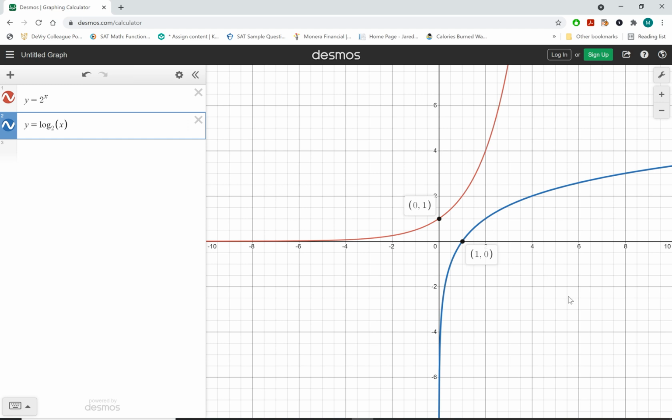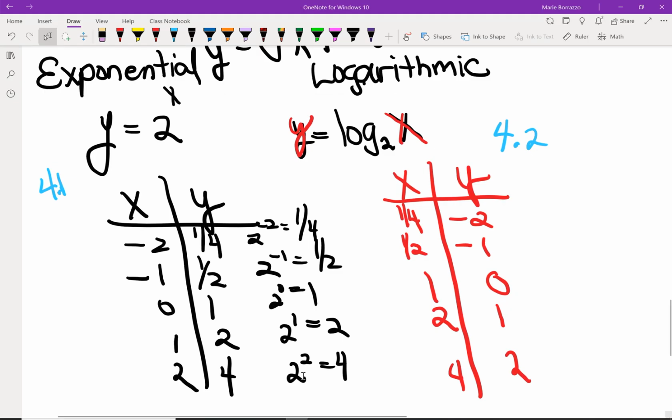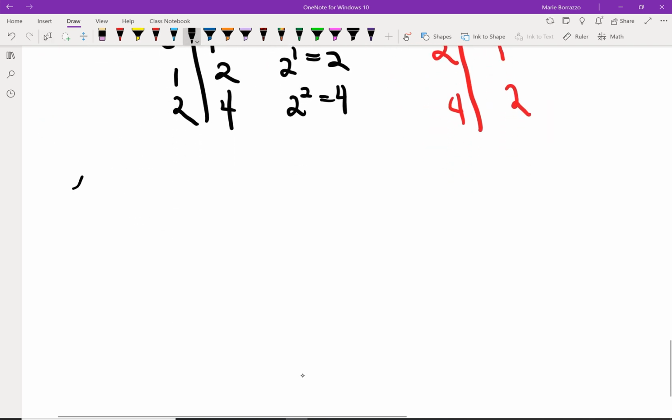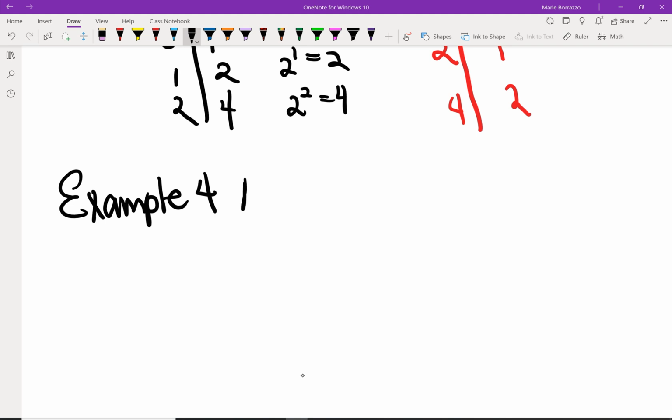Okay, I hope this is helping you grasp the concept or at least refresh old information. Let's now look at example 4. Now example 4, we're still finding the inverse of a function.